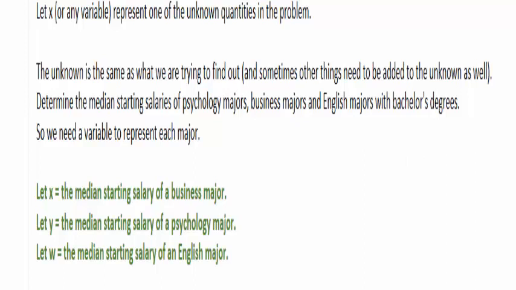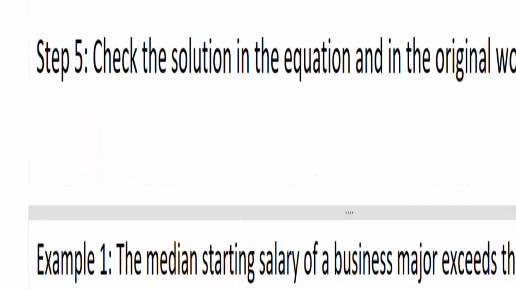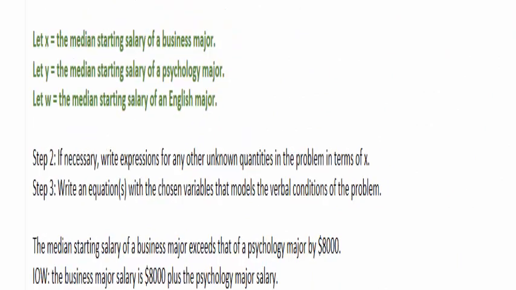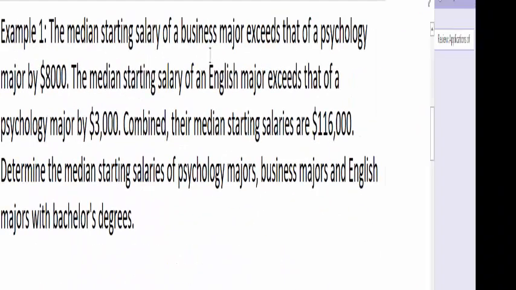Next, we're going to assign some equations or expressions to this. So if we look at the problem again, here where it says the median starting salary for a business major exceeds that of a psychology major by $8,000.